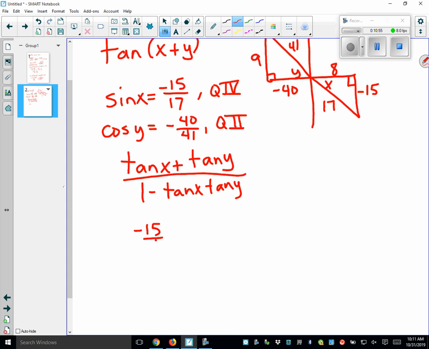Negative 15 over 8 plus tan y, negative 9 over 40, over 1 minus negative 15/8 times negative 9 over 40.